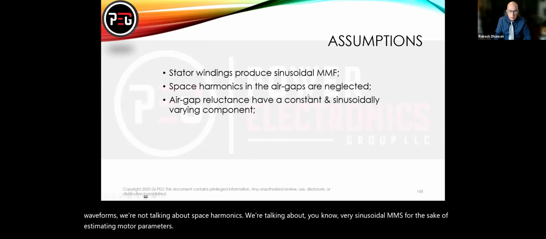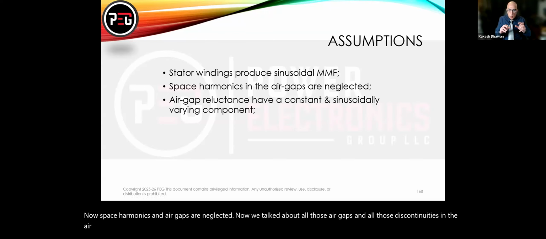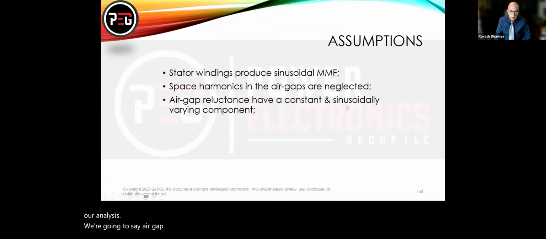Now, space harmonics and air gaps are neglected. We talked about all those air gaps and all those discontinuities in the air gap. So we're going to ignore that there are discontinuities so that we don't have any non-sinusoidal components in our analysis. We're going to say air gap reluctance has a constant and sinusoidally varying component.